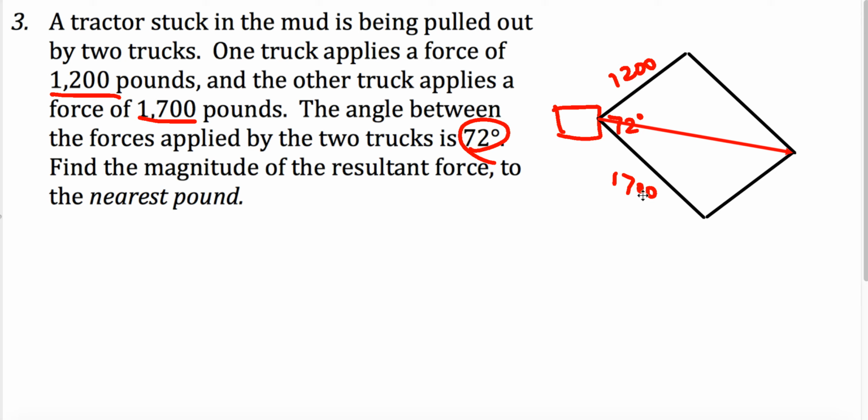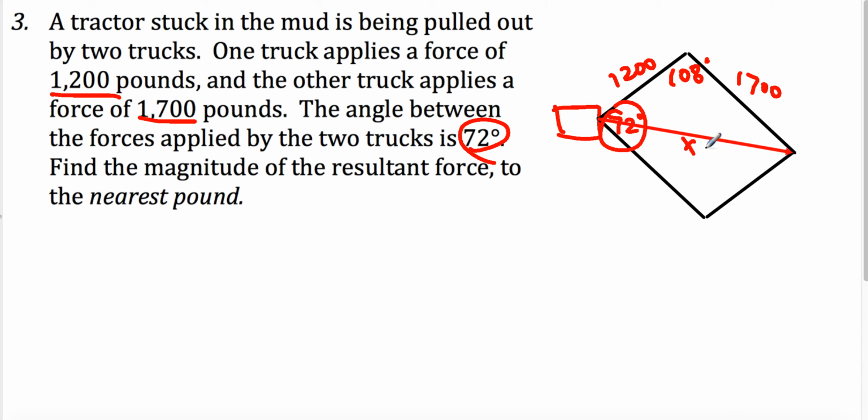As you can see, this side, 1,700, is equal to the opposite side. The angle here is 72, which means the consecutive angles in the parallelogram are supplementary, so this becomes 108. And the opposite side, that's the resultant, x.